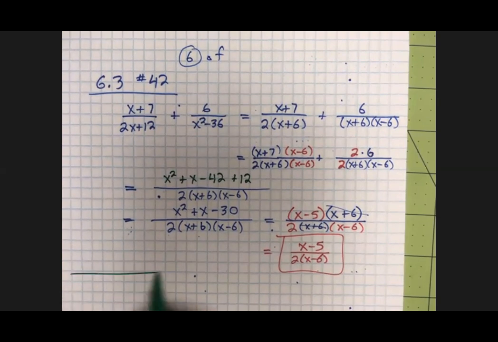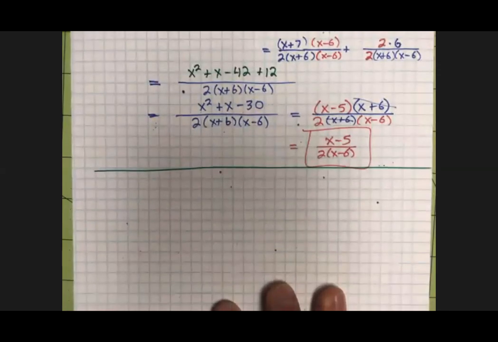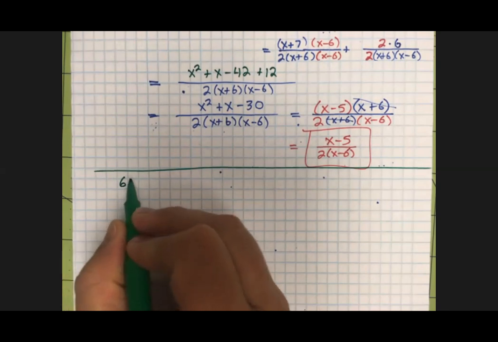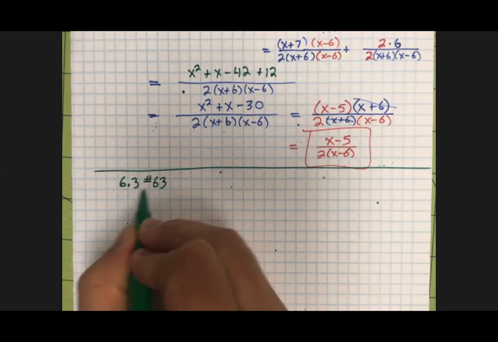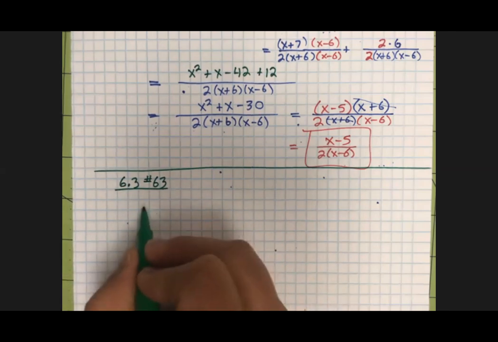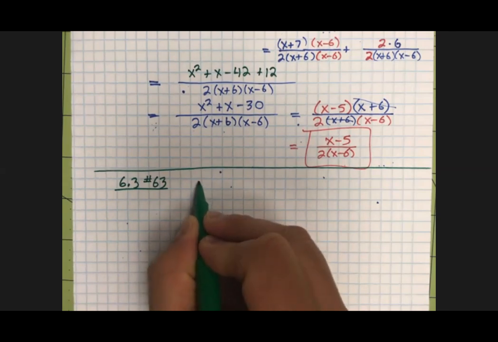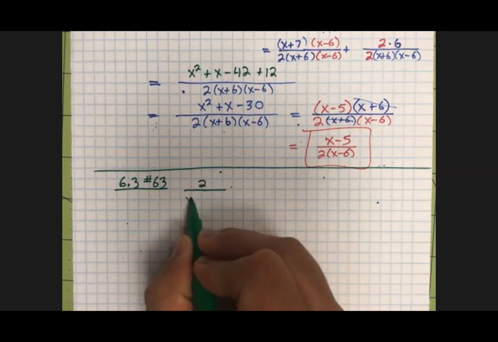Let's try one more. I think we can get one more in today. And let's work our way up to bad. Well, here's just medium bad. So what if I do number 63? 2, always make sure you copy correctly.